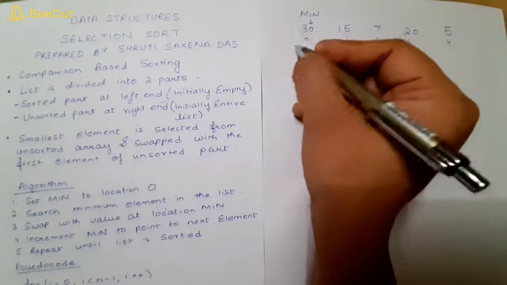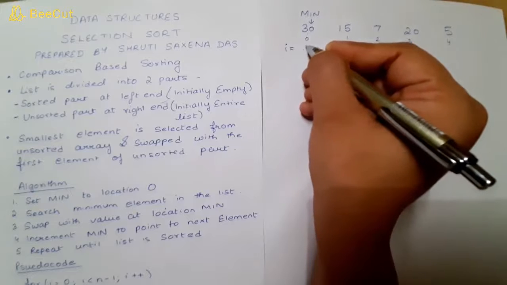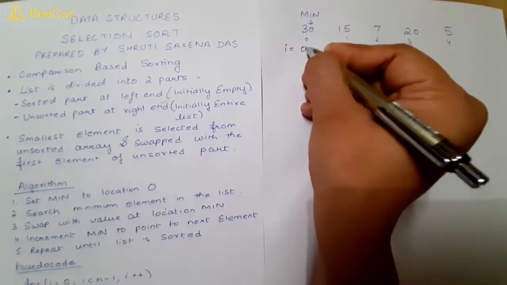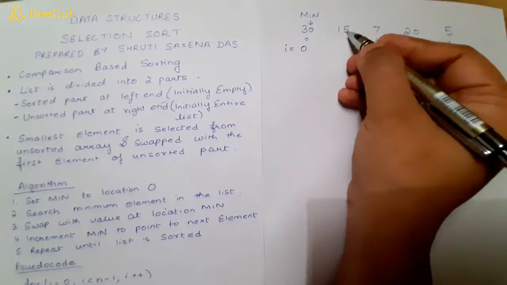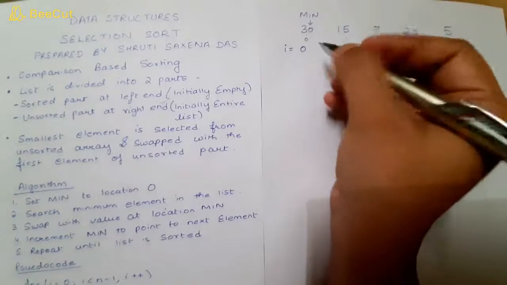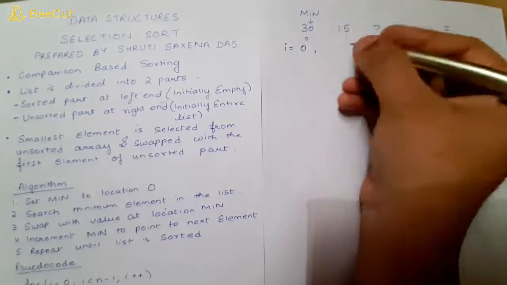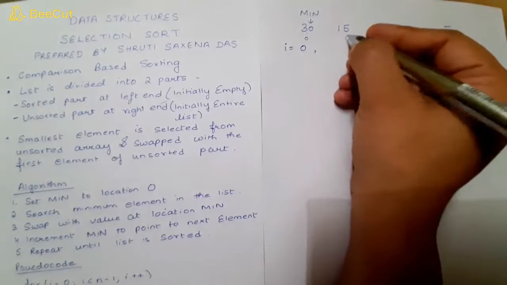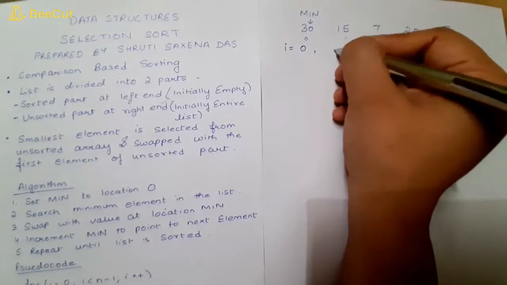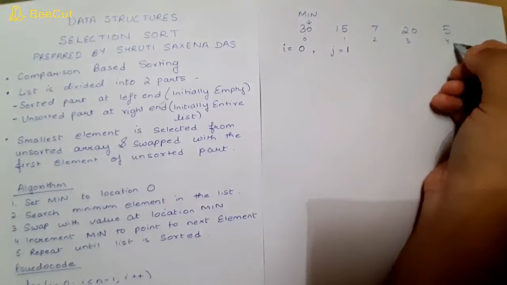Now see, we'll take the first loop for i equals 0. j will run from here till the last. So for i equals 0, we'll start j from 1 and it will run till 4.